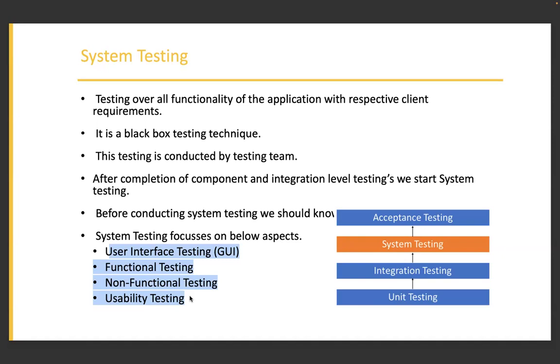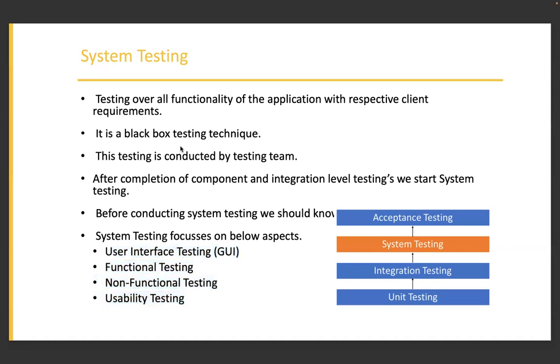Testing the overall functionality of the application comes under system testing, and it's a black box testing technique, guys. So before concluding the system testing, you need to conclude all these major types of testing. Then only you will say that the system testing is completed.